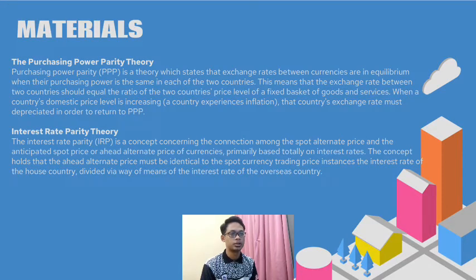The theory also stresses that the size of the forward premium or discount on a foreign currency is equal to the difference between the spot and forward interest rates of the currencies compared.